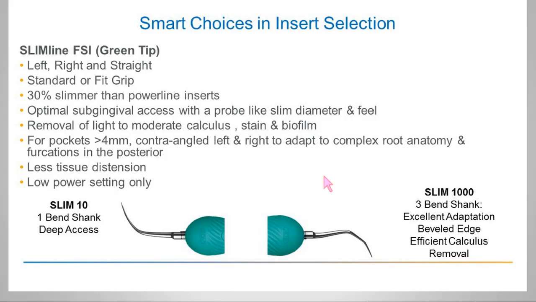I would tend to use this on a lower power, lower water setting to obtain cavitation and acoustic microstreaming. We also have the right and left, which allow us to adapt around complex root anatomy, and I'll come on to that in a little bit more detail. So the slimmer tip allows for less tissue distension.